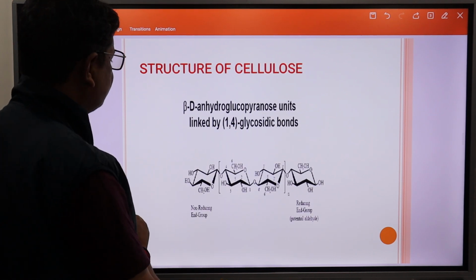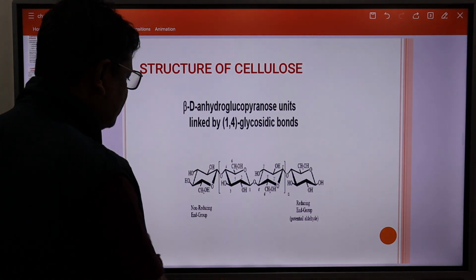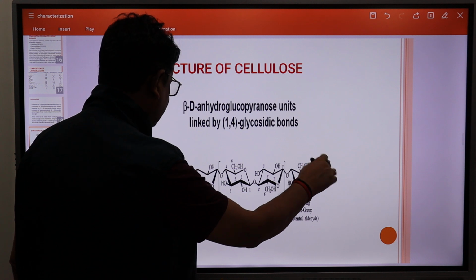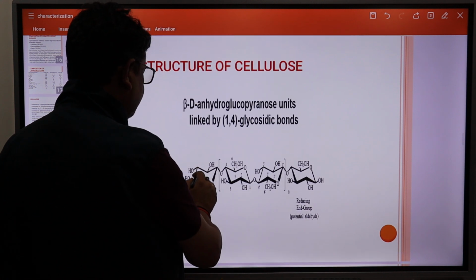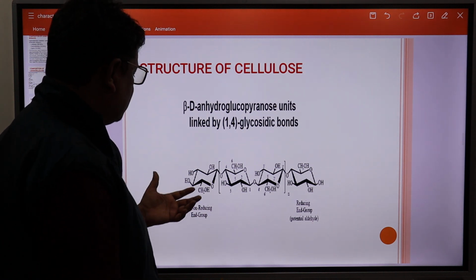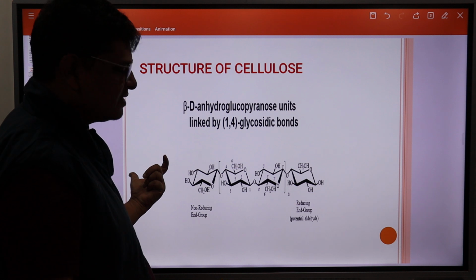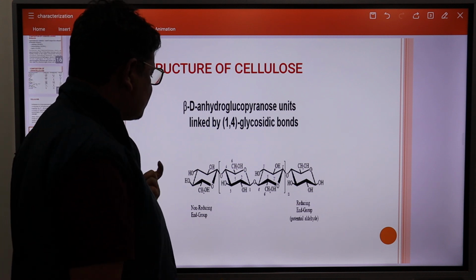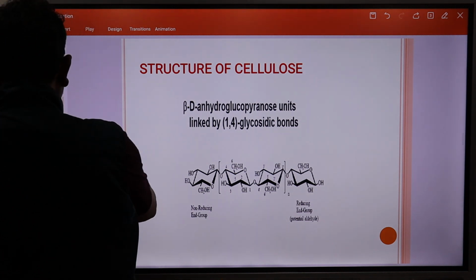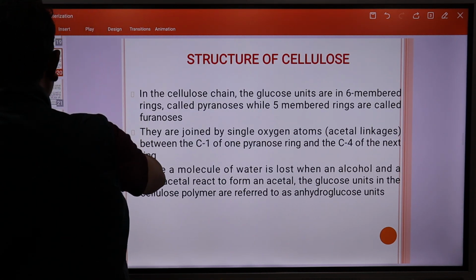The structure of cellulose is like this: a non-reducing end group and a reducing end group, because it has the OH. Here also there is the OH, but you have to understand the functional group at the prime level. If you understand genes a little bit, then this is upstream, and this is the downstream reducing end group. So I'm not going to repeat this again.